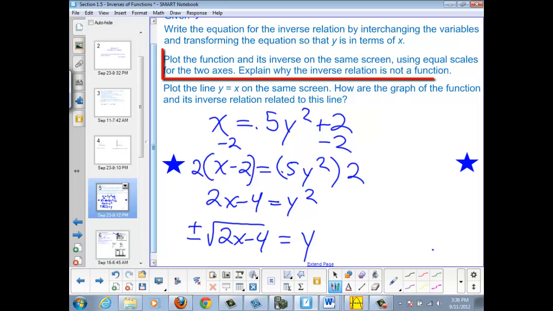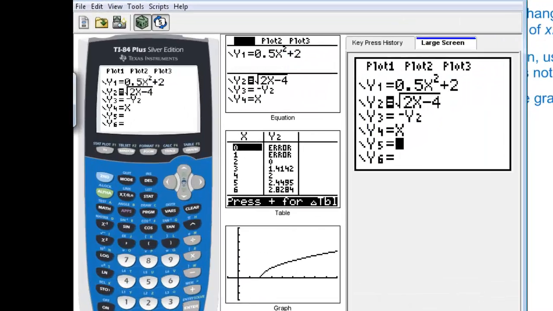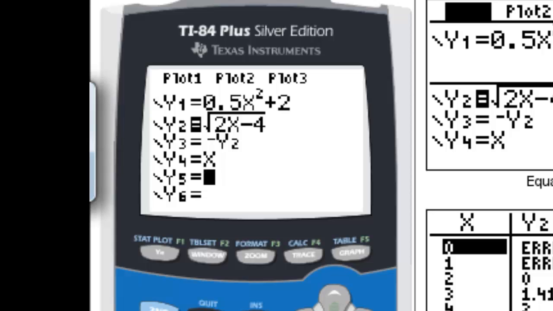The next thing we're asked to do is plot the function and its inverse on the same screen using equal scales for the two axes, and explain why the inverse relation is not a function. So let's go into our calculator. And you'll see I've already plugged the information in for y1, the original function, 0.5x squared plus 2.